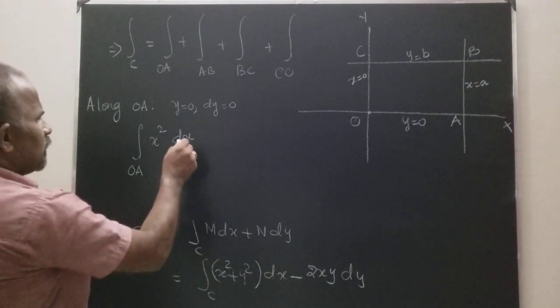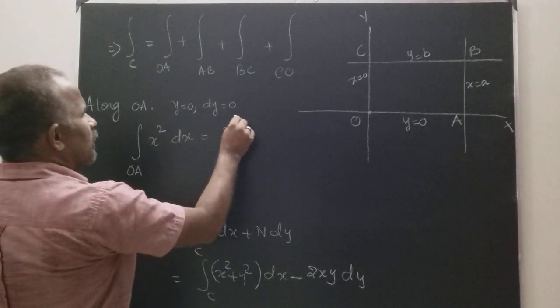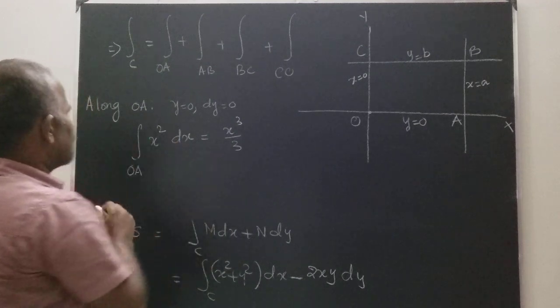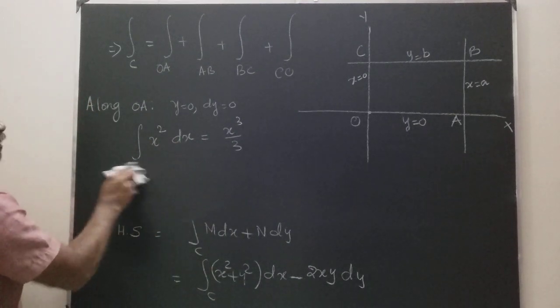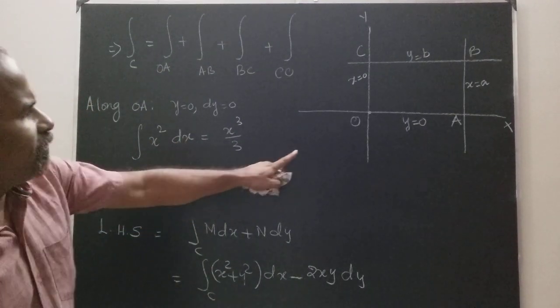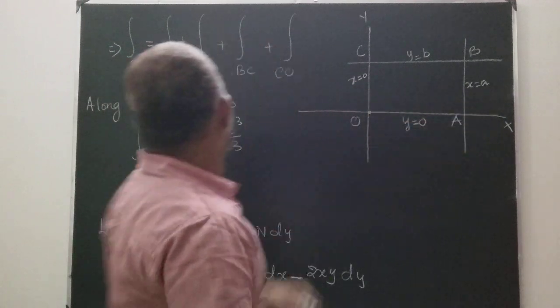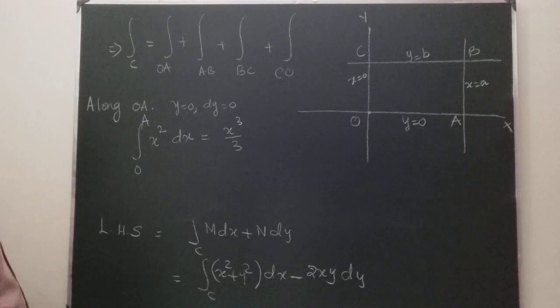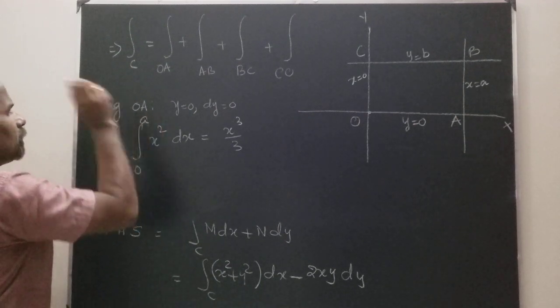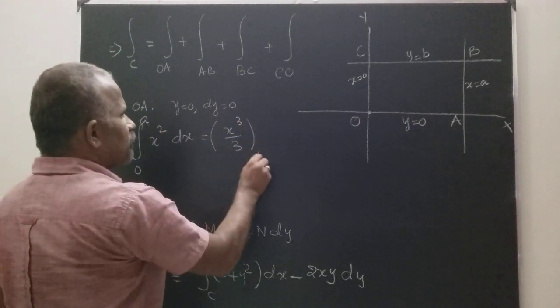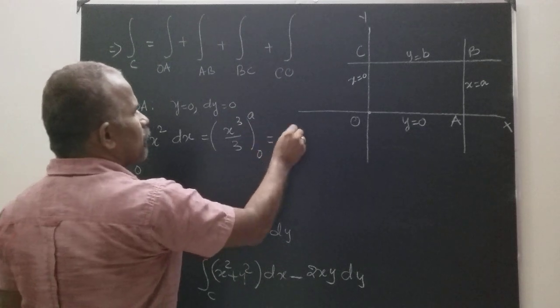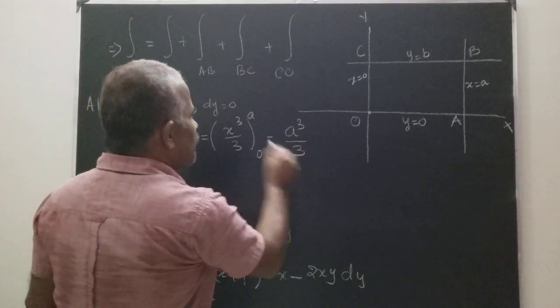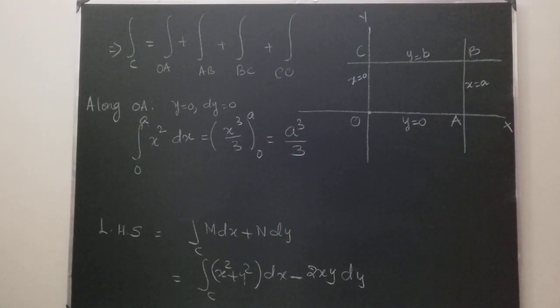So therefore the integral of x square dx is x cube by 3. The integral over OA means x varies from 0 to a, so the limit is from 0 to a. Therefore a cube divided by 3.